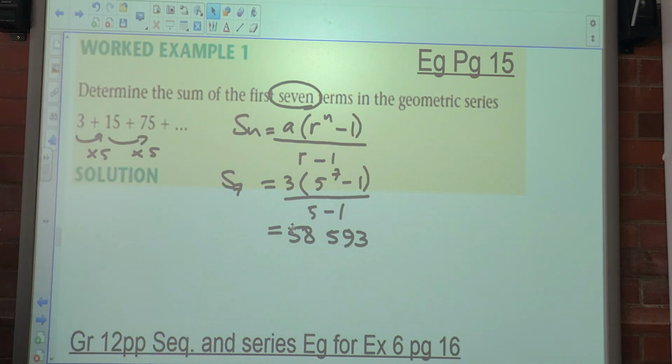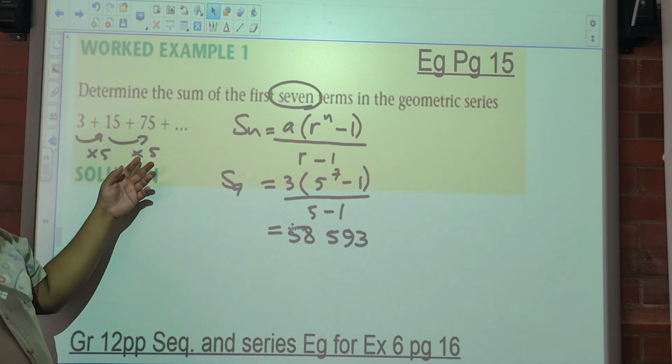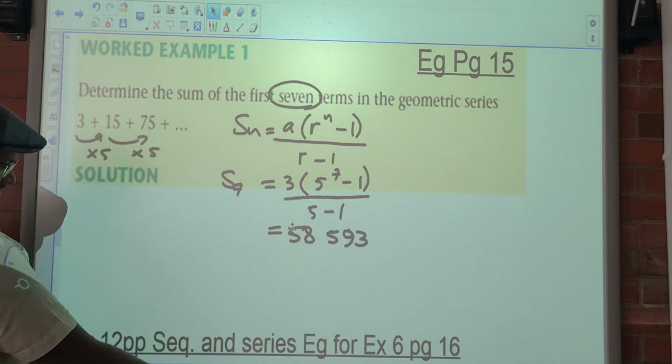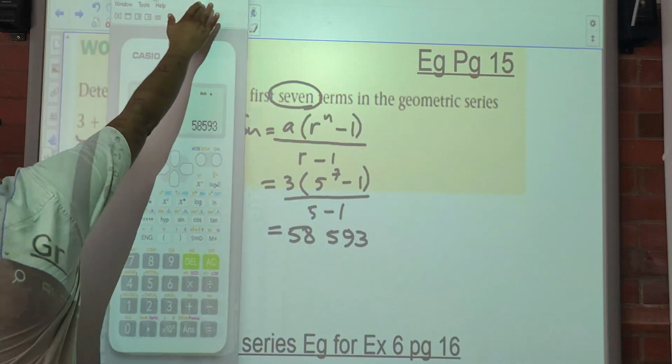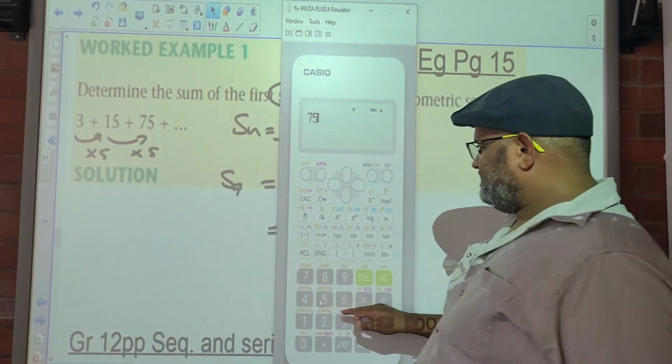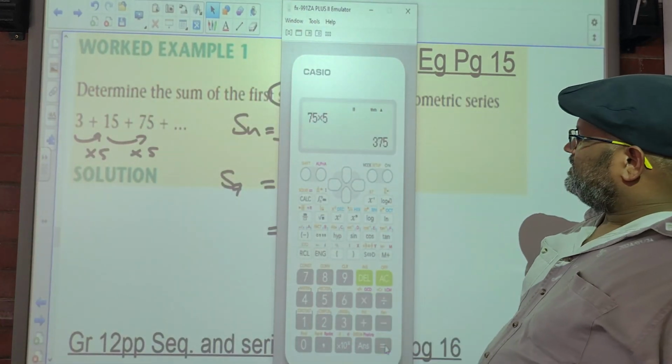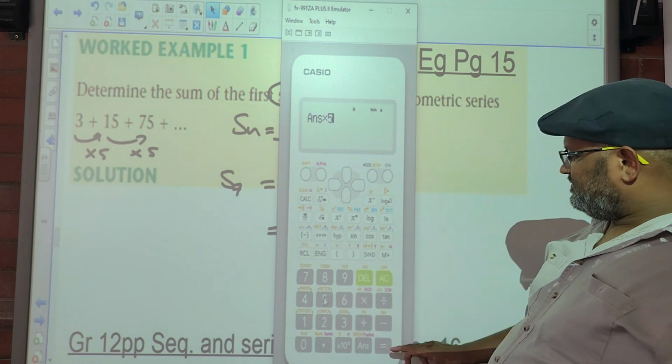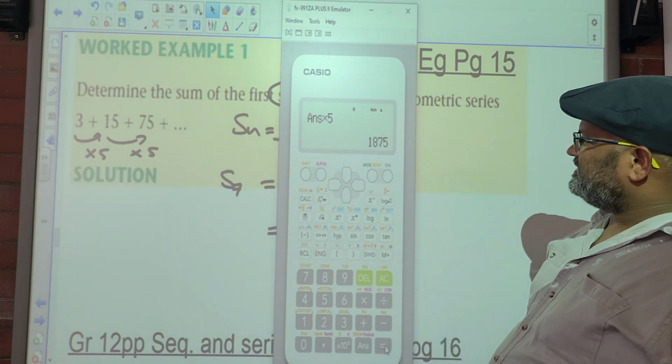Okay. Although these numbers seem small, adding the first 7 terms is going to give you such a massive number. But remember, what's the next number here? It's going to be 75 times 5, 375. I times that by 5, that is the 6th term.